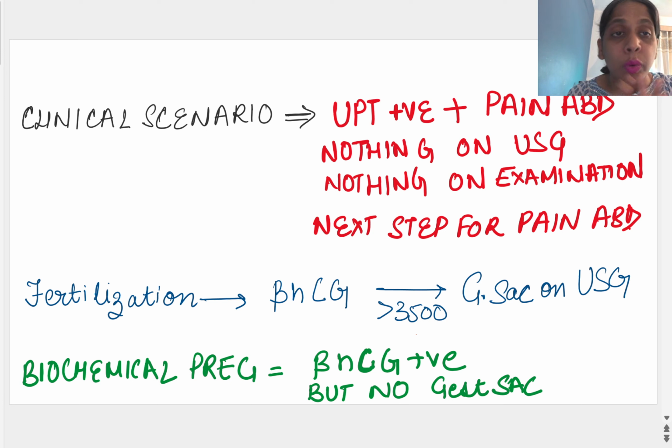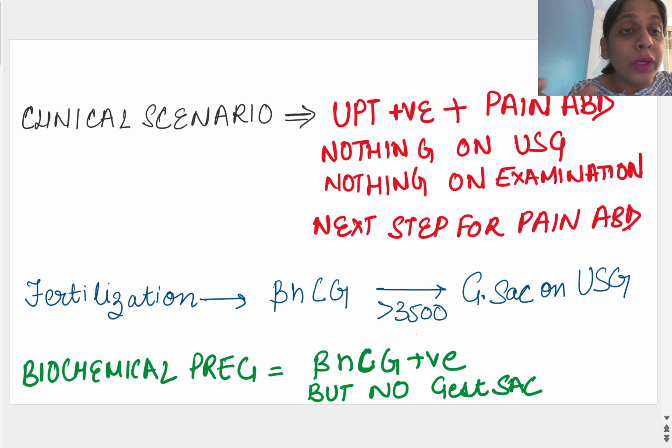On ultrasound, no adnexal mass is there and no intrauterine gestational sac is there. On examination, everything is normal, no adnexal mass is found. And what is the sign of intrauterine pregnancy? The size of the uterus increases, that is also not increased.